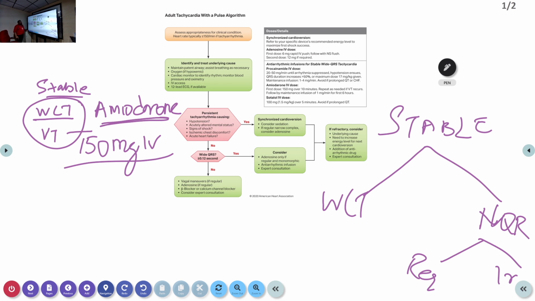So again, for stable wide complex tachycardia, the treatment option is amiodarone. Or there is another agent; just remember these names. I don't want you to memorize their dosages because routinely we don't practice here. There are other drugs called procainamide and sotalol. These are all antiarrhythmic agents.